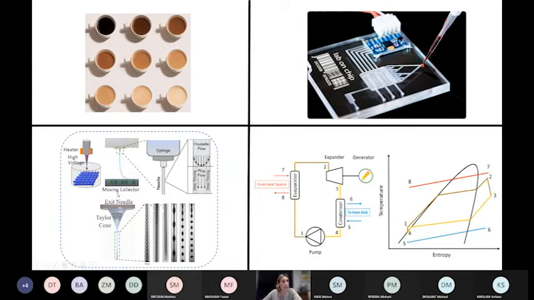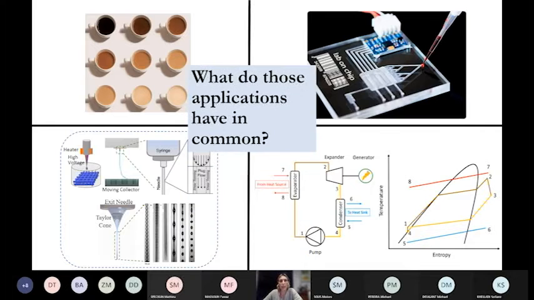On the left-hand side at the bottom, I've got 3D printing applications, especially for polymer flows, looking at scaffolds, for example, again, for biomedical engineering applications. And then on the right-hand side, I've got some ORC applications, looking at renewable energy applications, recovering heat from waste, for example.